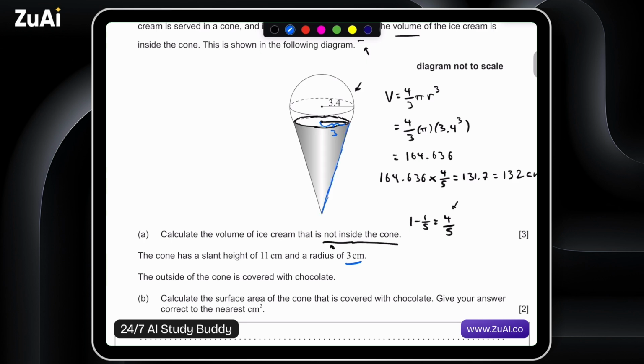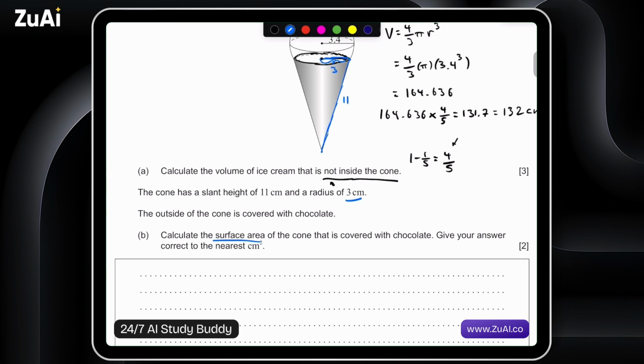So if we have this radius here, the slant height is equal to 11. Going from the apex, or the tip of the cone, all the way to its base, we travel a distance of 11. We want to find the surface area of the cone, so let's go back to the formula booklet.